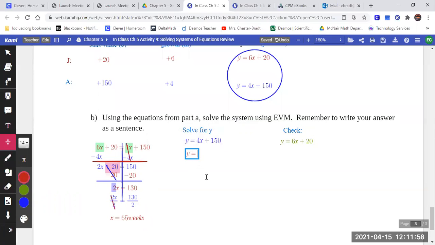If the x stood for weeks, what's the y standing for? It must be the money, exactly.